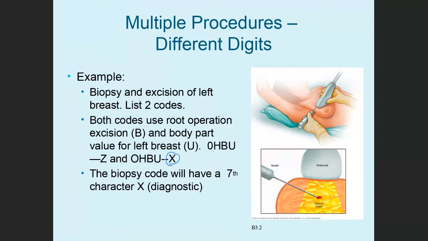Biopsy is coded with an X, so the 0HBU will be the same, and it'll just be that final digit that is different. A biopsy is coded with the 7th character X for diagnostic. So in order to tell the whole story, you have to have two different codes.